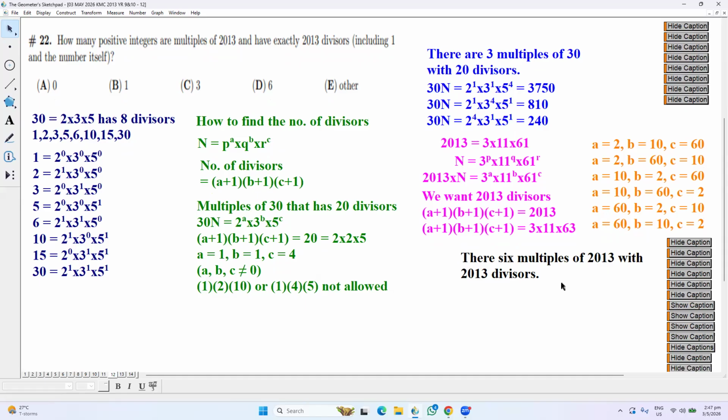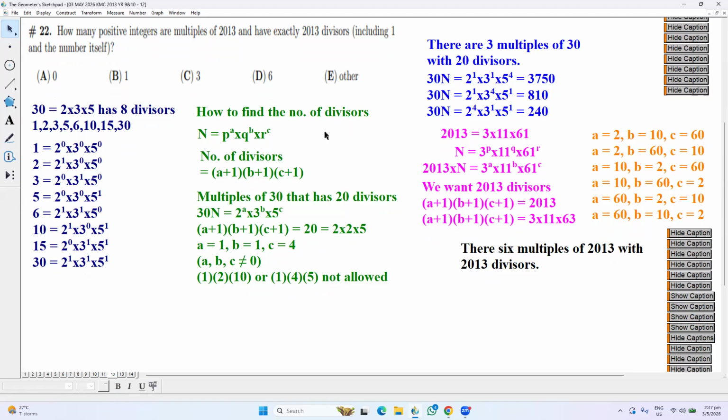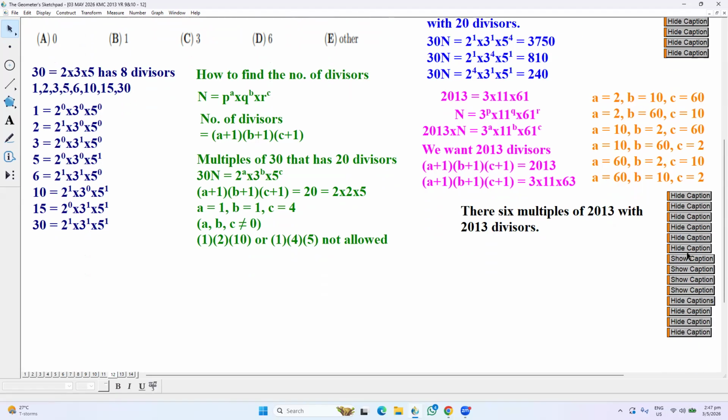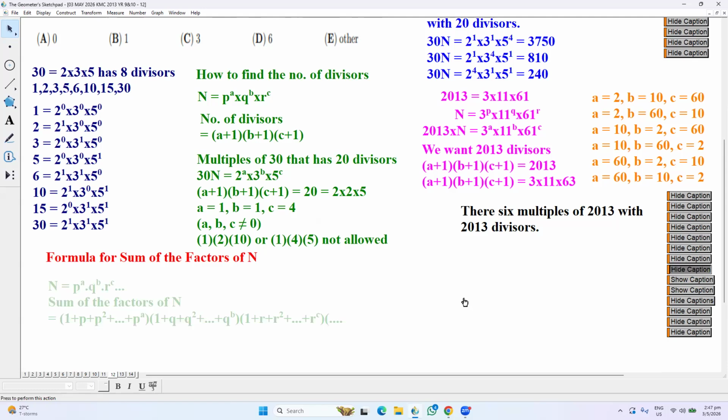Now, we know how to find the number of divisors. There's also a formula for the sum of the divisors. We do that one first. We know how many factors, and we also have a formula for the sum of the factors. Suppose our number has prime factors P, Q, R, can be more.